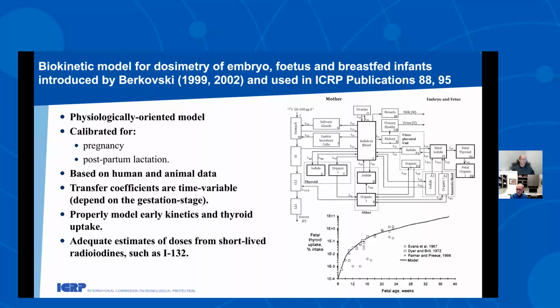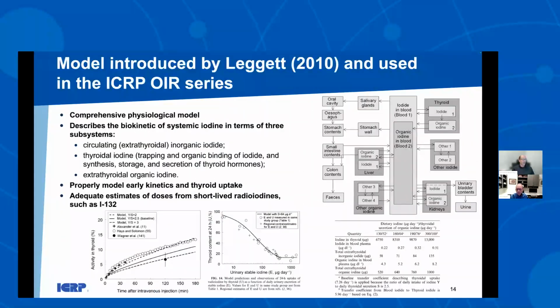The model more or less adequately reproduced kinetics and doses for short-lived iodines. And the new model, which Rich presents here, was developed practically 15 years ago. It's also a physiologically oriented model, which includes more new compartments and is capable of projecting conditions and is applicable for conditions far away from the reference.